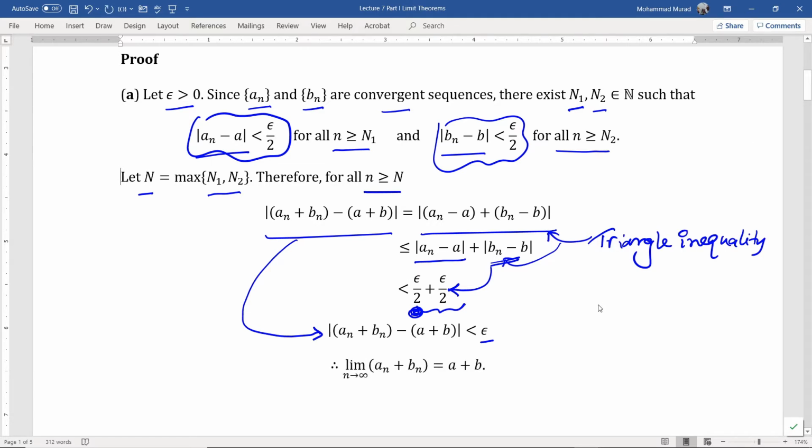Therefore, by definition, the limit of a sub n plus b sub n as n approaches infinity equals the quantity a plus b.